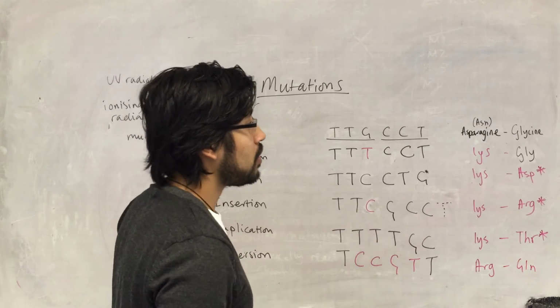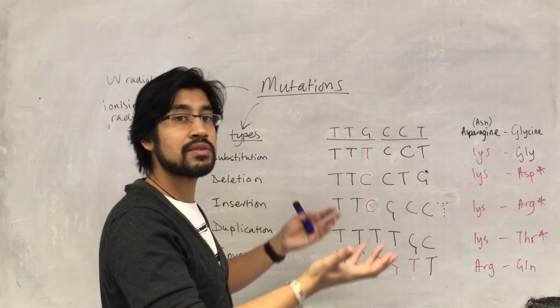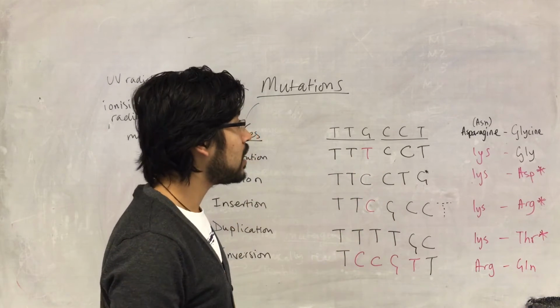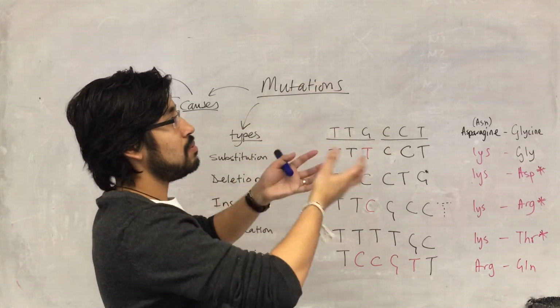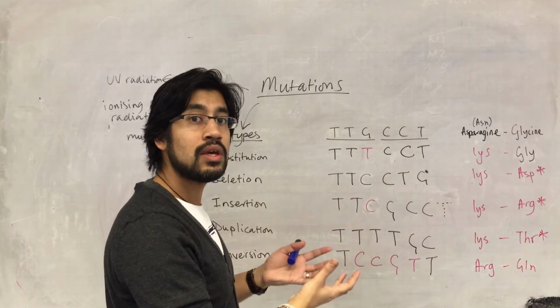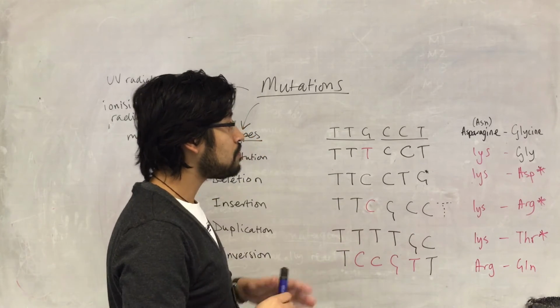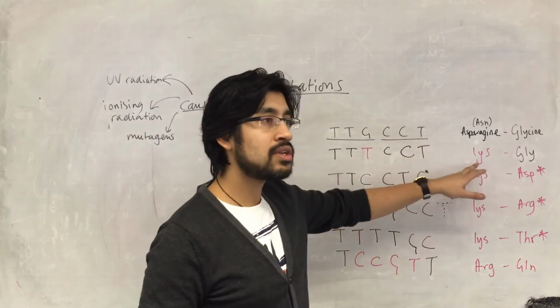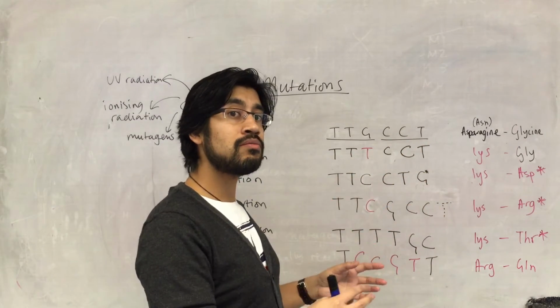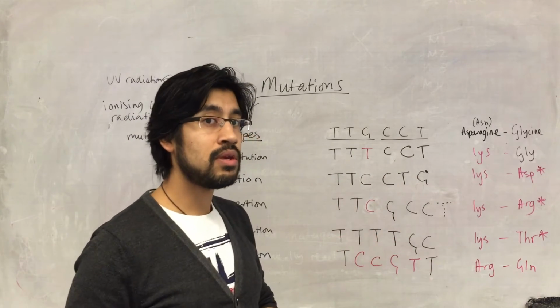Now, that one amino acid might be a really important one in the active site of an enzyme, for example, or it might not be very important in the grand scheme of the whole structure of the enzyme or any other kind of protein. So this one amino acid change could be very important for the protein, for the tertiary structure, or it might not be.